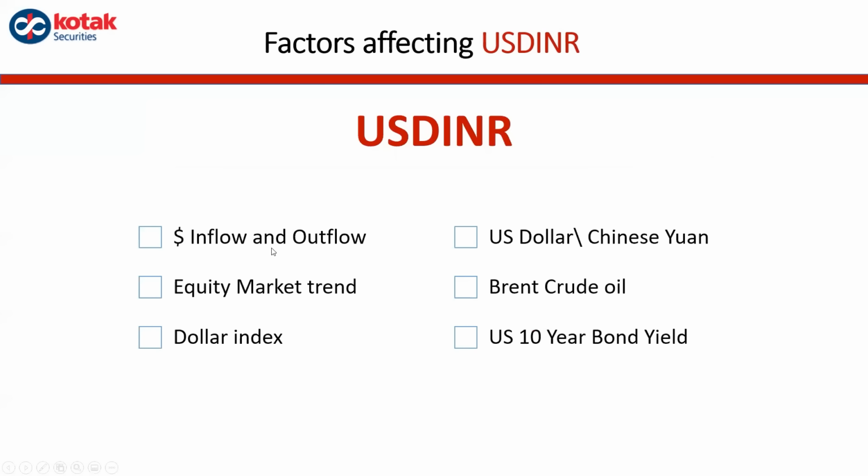So the first factor that we'll look at today is the dollar inflow and outflow, followed by the equity market trends, the dollar index, the US dollar and the Chinese yuan, then the Brent crude oil, and then the US 10-year bond yields. Now, all these factors are equally important. None of the factors are more important than the other, so the chronology has got absolutely no significance here.